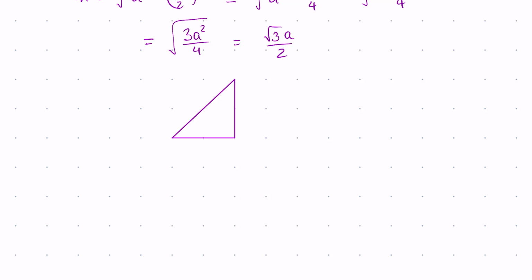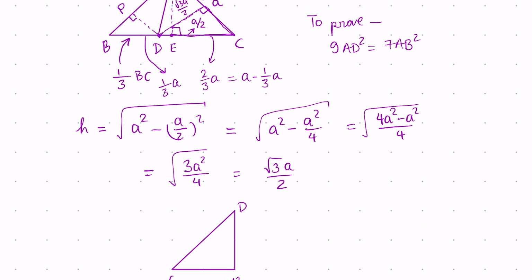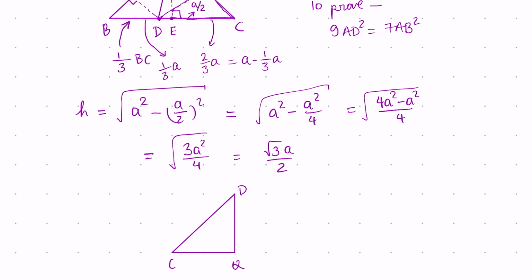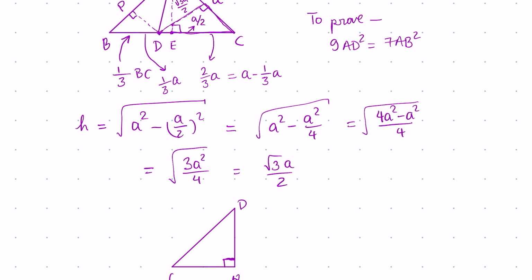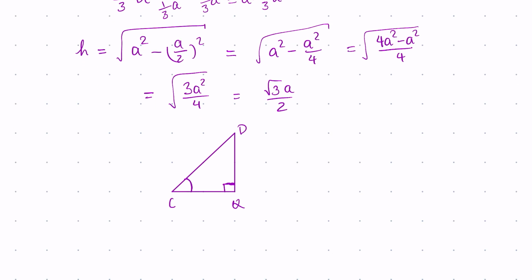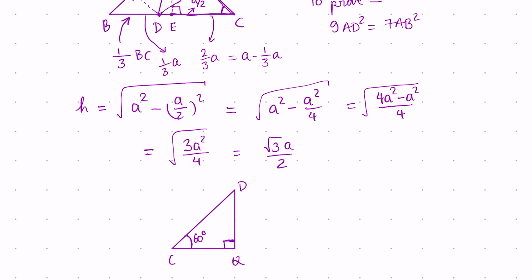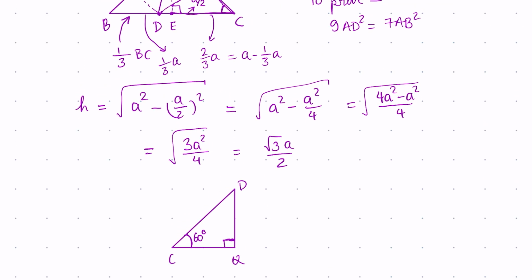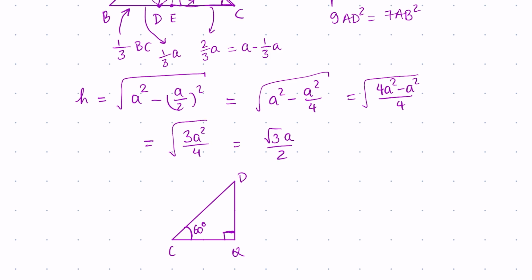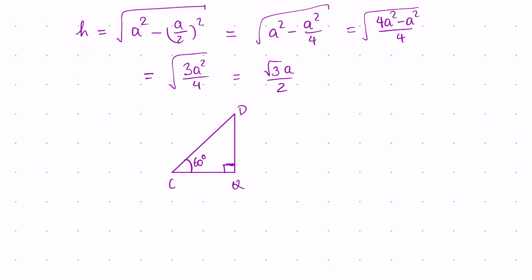So let's say this is the triangle CDQ. DQ is perpendicular to CQ, so we have the angle here. What is this angle? That's here, right over here, which is nothing but 60 degrees. Why is it 60 degrees? Because this is an equilateral triangle, so all the angles of the equilateral triangle are equal to 60 degrees, total 180.